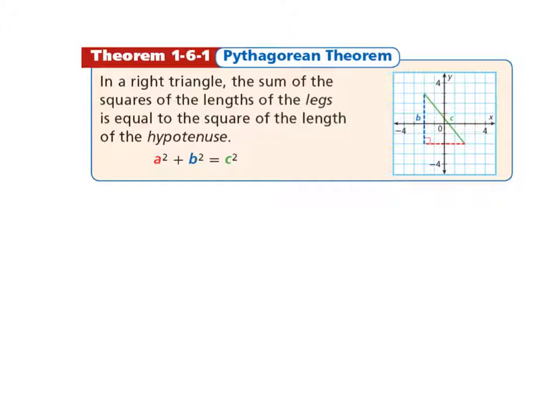So in a right triangle, the sum of the squares of the lengths of the legs is equal to the square of the length of the hypotenuse. So you're going to add this formula to your list, okay? So a squared, so you take the length of one leg and square it, plus the length of the other leg and square it, and that will give you the hypotenuse squared. And this is the Pythagorean theorem.